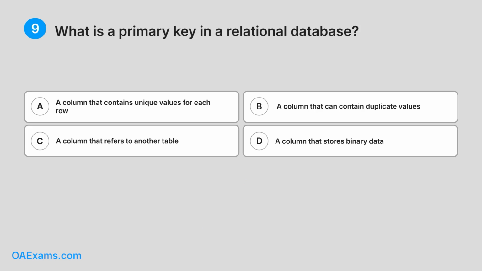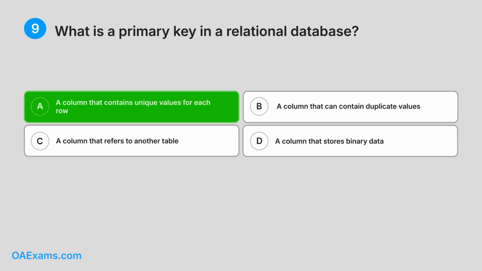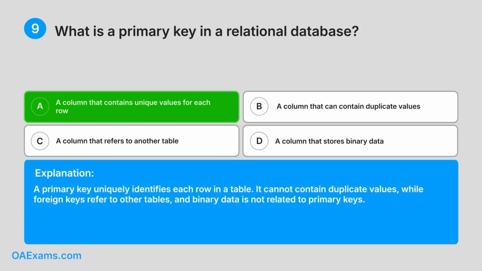Correct answer, A. A column that contains unique values for each row. Explanation. A primary key uniquely identifies each row in a table. It cannot contain duplicate values, while foreign keys refer to other tables, and binary data is not related to primary keys.